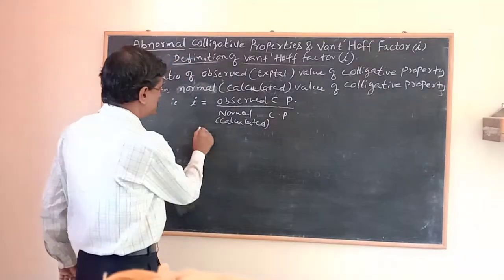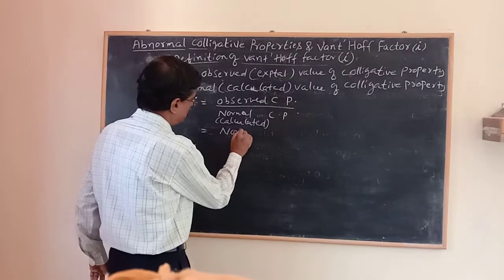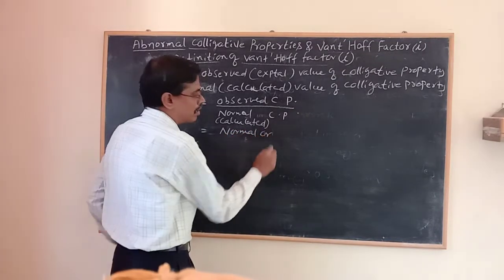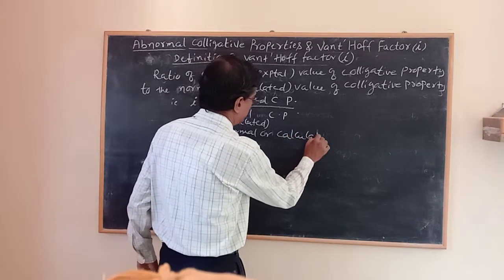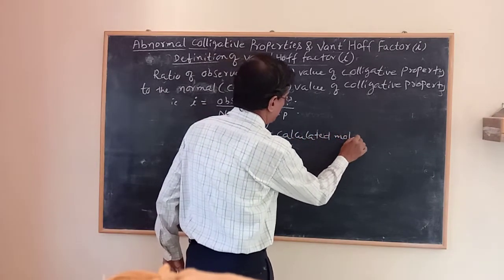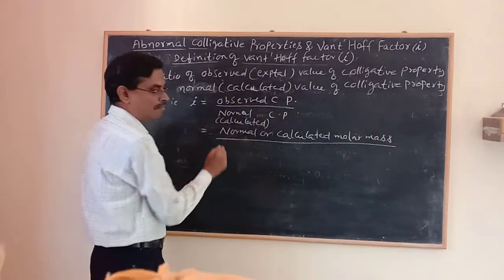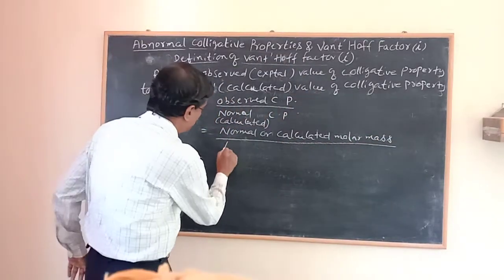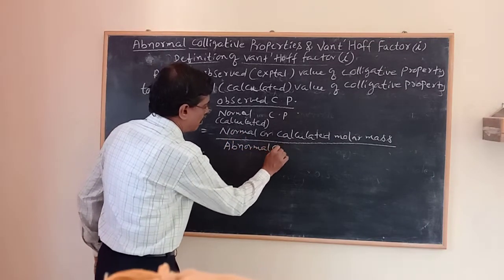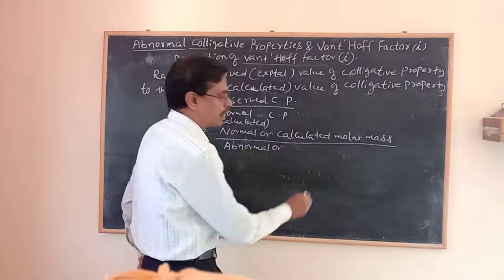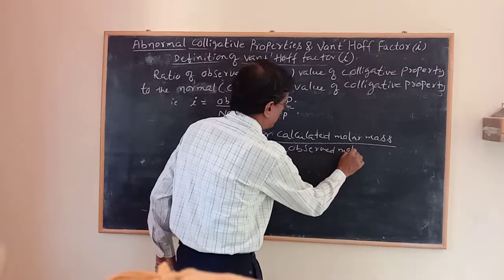Or you can write this in another form: normal or calculated molar mass divided by abnormal, the opposite word for this is abnormal, or observed molar mass.